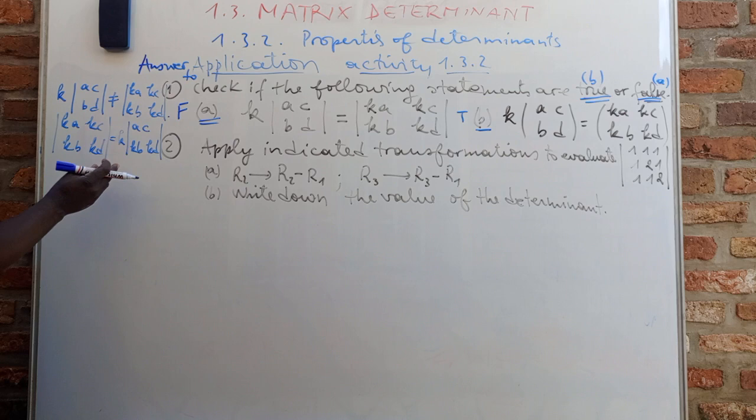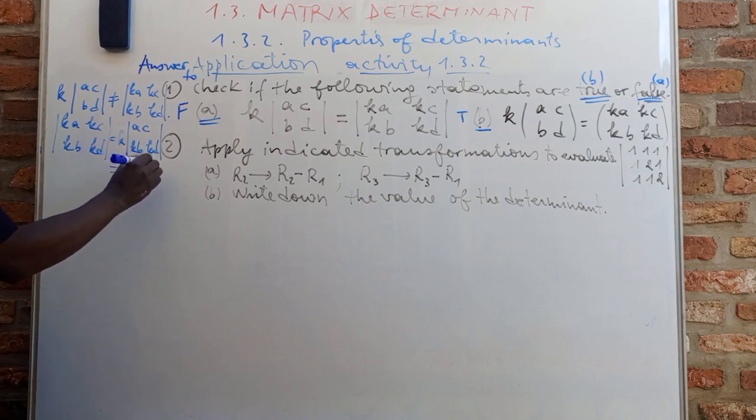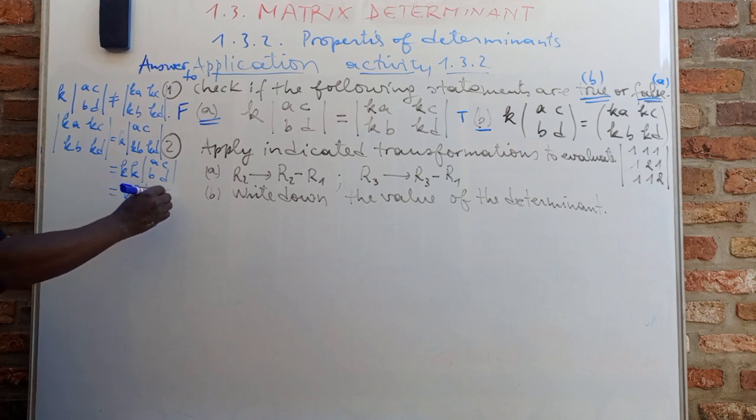Again by the same property, the second row is a multiple of the b, d row, so I can factor the second k out and I get k squared times the determinant of a, c, b, d.